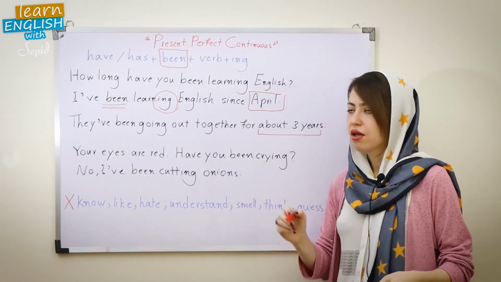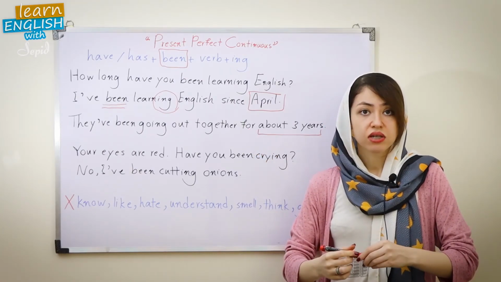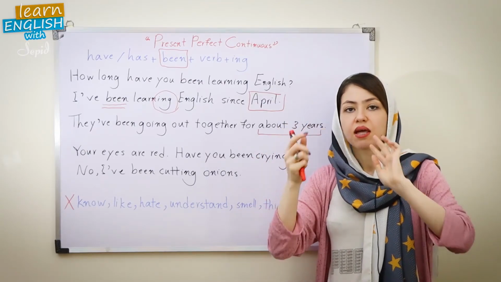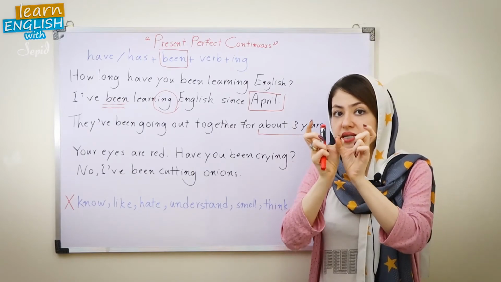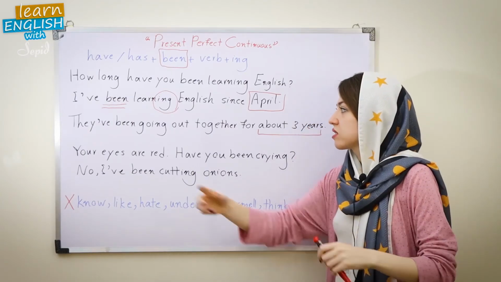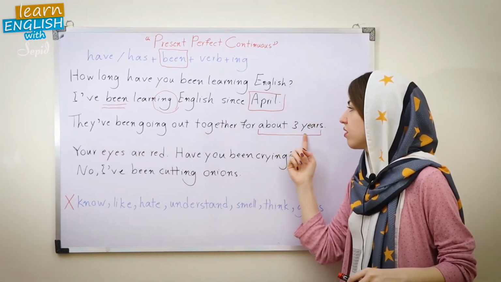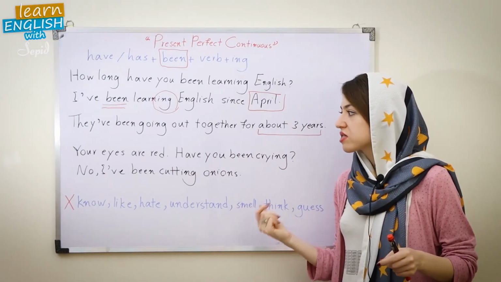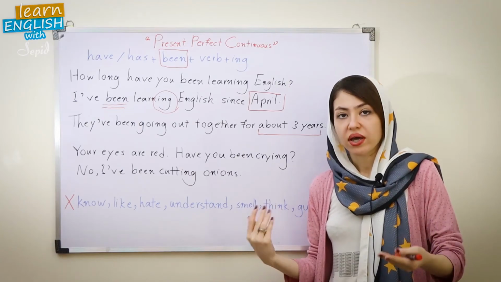So for about 3 years, we're talking about the duration. As you can notice, we are considering the past tense and present tense as a single tense. So they've been going out together for about 3 years. So let's go to another point, okay?